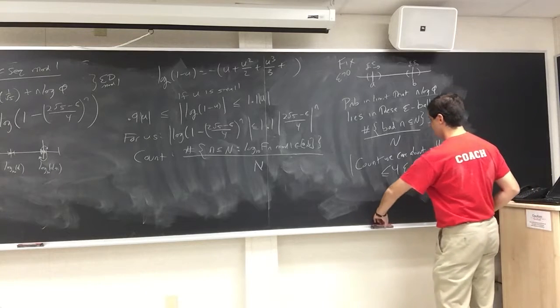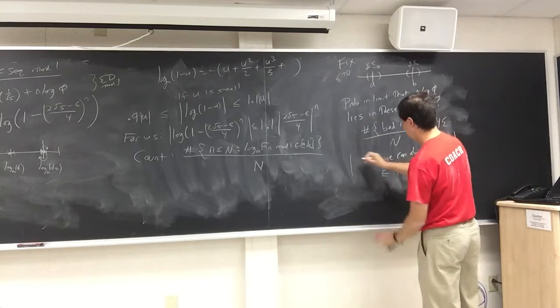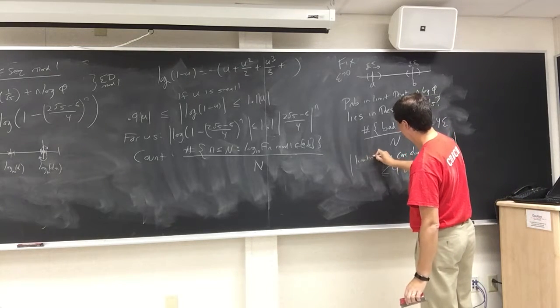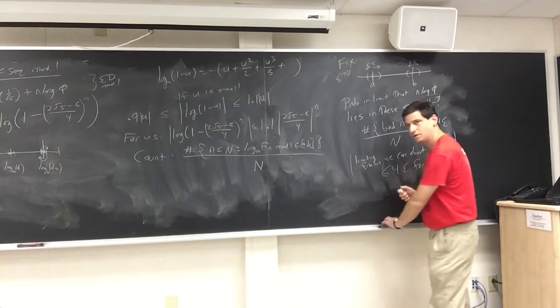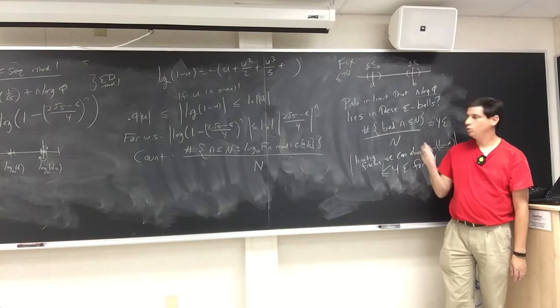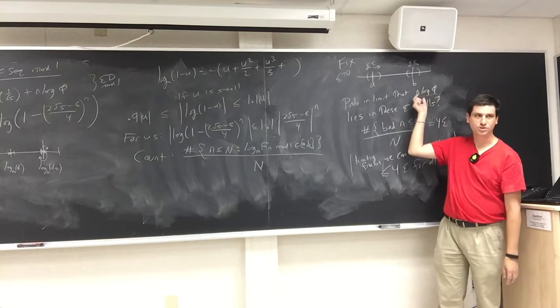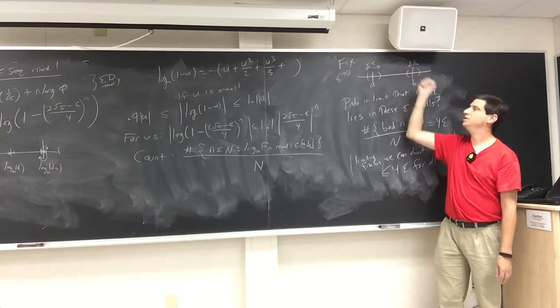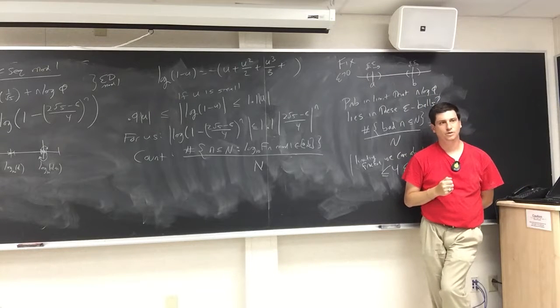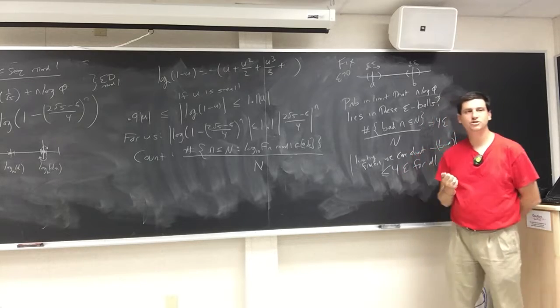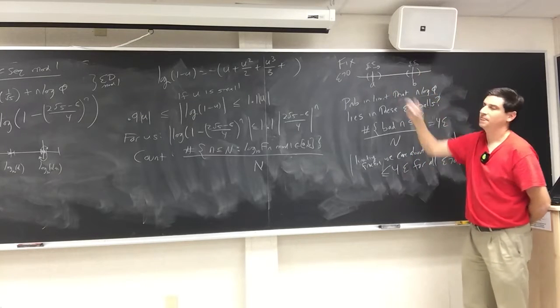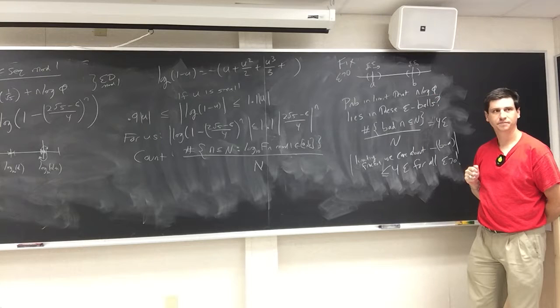Or maybe not count, maybe we should say the limiting fraction. We know that n log phi is equidistributed, so in the limit it lands between a and b with a fraction of b minus a. What could the fraction be that's bad? Well, it's going to be at most 4 epsilon.